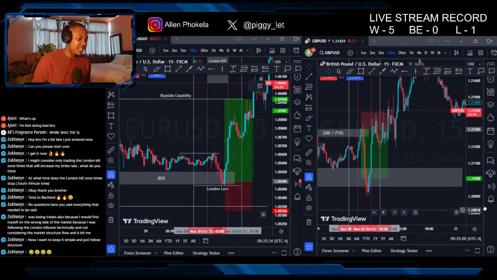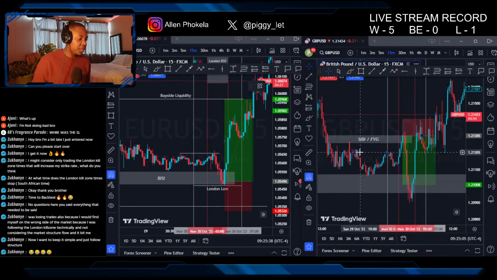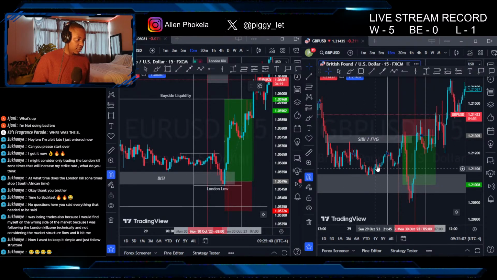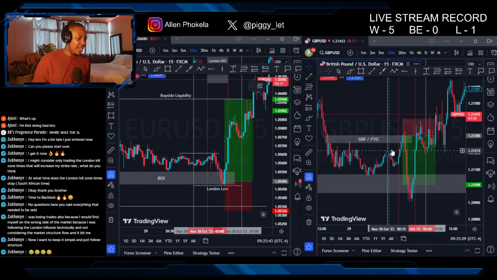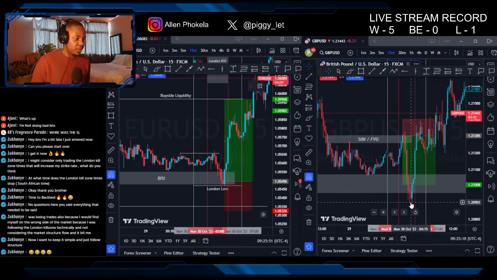So as you can see, when the GBPUSD turtle souped, took out this high here, or gave us a Judas swing into that CB there, the fair value gap, to give us a nice confirmation to sell.